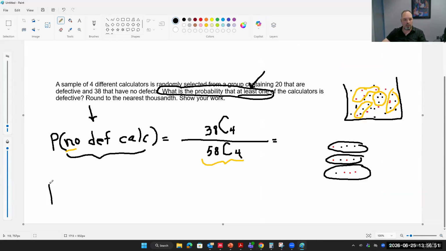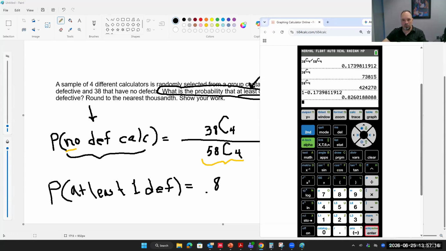So the probability of at least one defective among the 4 is 0.826.